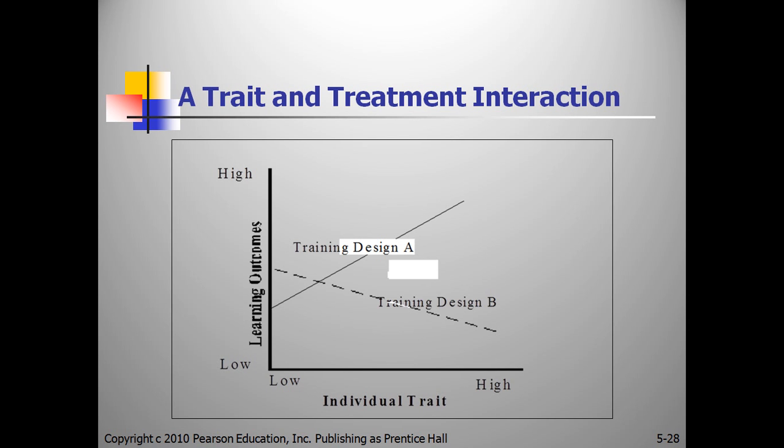In this case, training design A gets better results for individuals whose traits are high, but training design B gets better results when the individual traits are low. This requires the decision maker to implement the best choice depending on the needs of the individuals being trained.